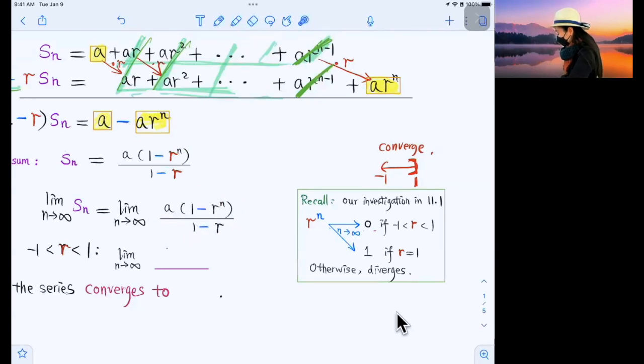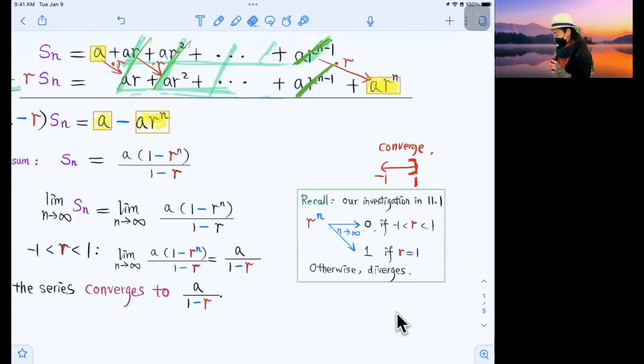Now, looking at the limit of this n partial sum, when r is between -1 and 1, this one here goes to what? It goes to 0. So therefore the numerator, this one here goes to 0, right? So you have a on top and then 1 minus r down here. So it converges to a over 1 minus r.